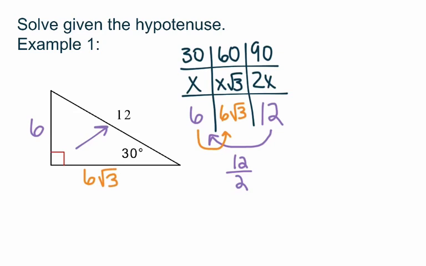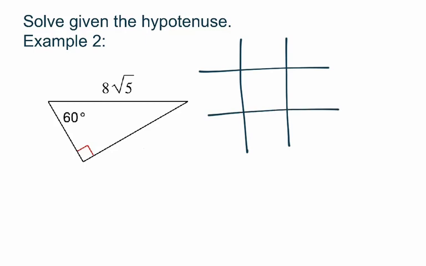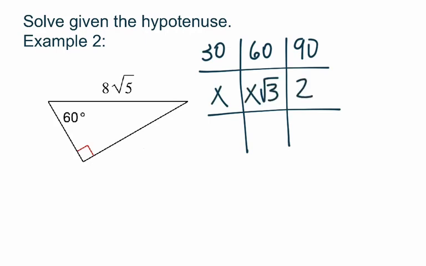Alright, let's try one more. Okay. 30, 60, 90, x, x square root of 3, 2x. So we have 8 square root of 5.